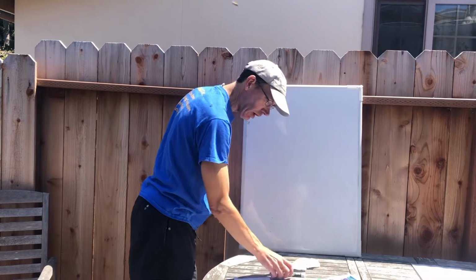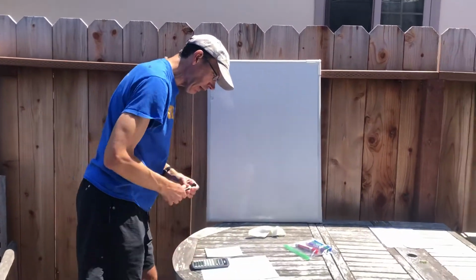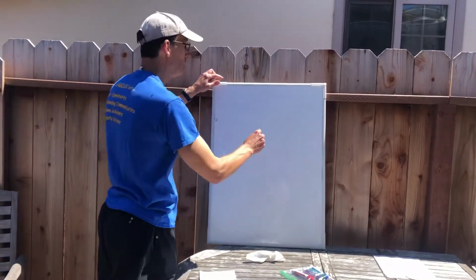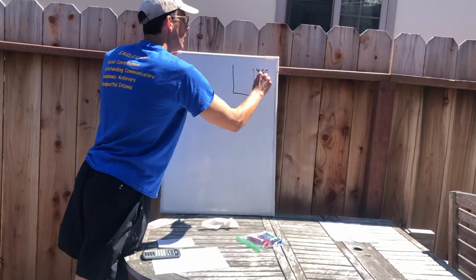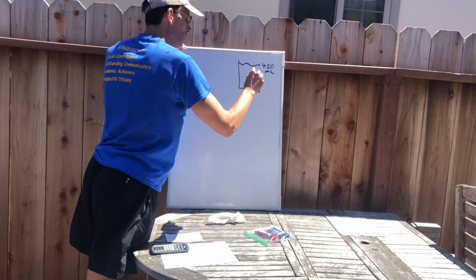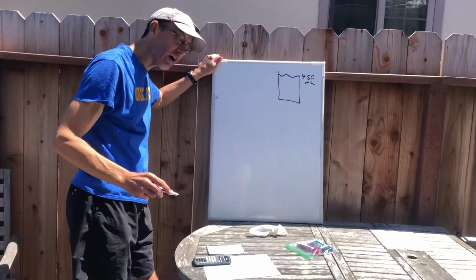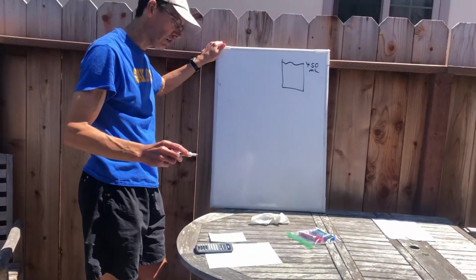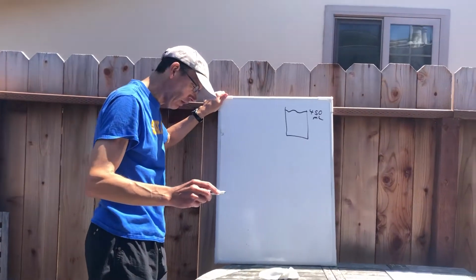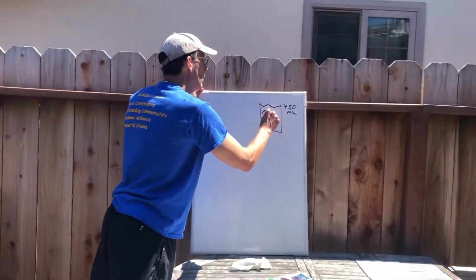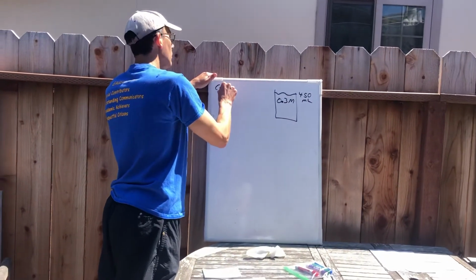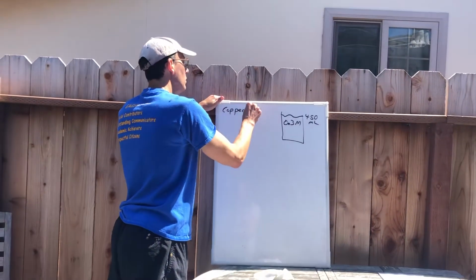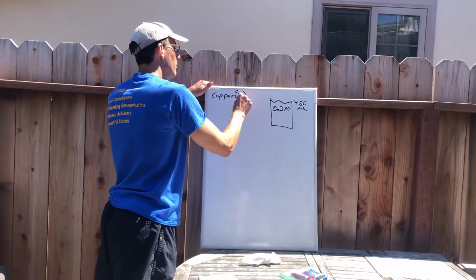Okay, last problem. You're going to make 450 milliliters of a copper chloride solution like we did a long time ago during a lab. So we're going to make 0.3 molar copper 2 chloride.